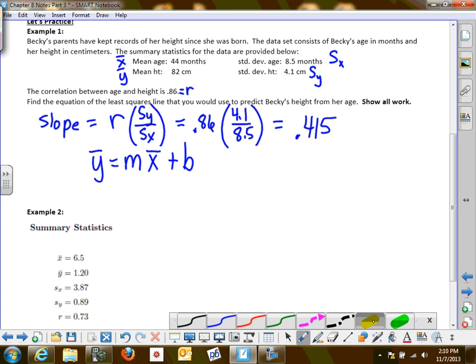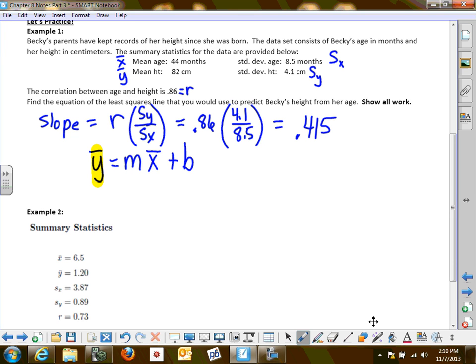So out of these four items in this equation, we know that the mean of y is 82. And we know that the slope is 0.415 because we just found it. And we know that the mean of x is 44. So then you solve for b. Do that now.